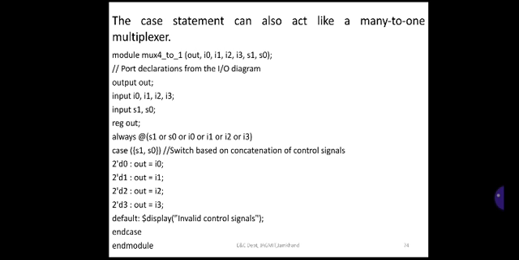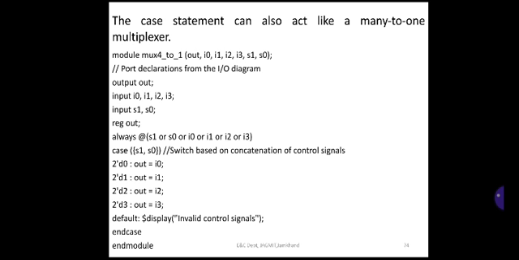Then the port declaration part, as we have discussed this program using other modelings, the declaration part is also the same here. Output out, input I0, I1, I2 and I3 separated by commas, then input signals S1 and S0.